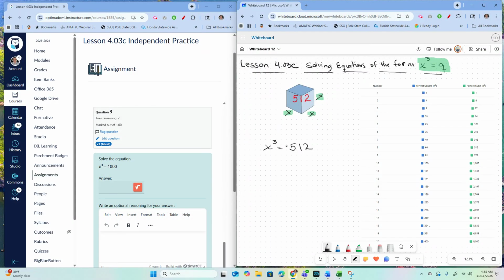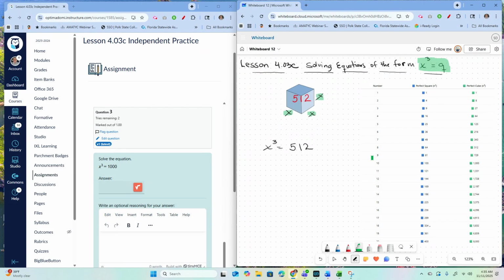Every time you see one of these equations, imagine a cube where inside you have 512, and you want to find out how much are the edges of the cube. Remember, all these lines are called edges. They're exactly the same. So basically, I'm looking for one number multiplied three times by itself that will give me 512.